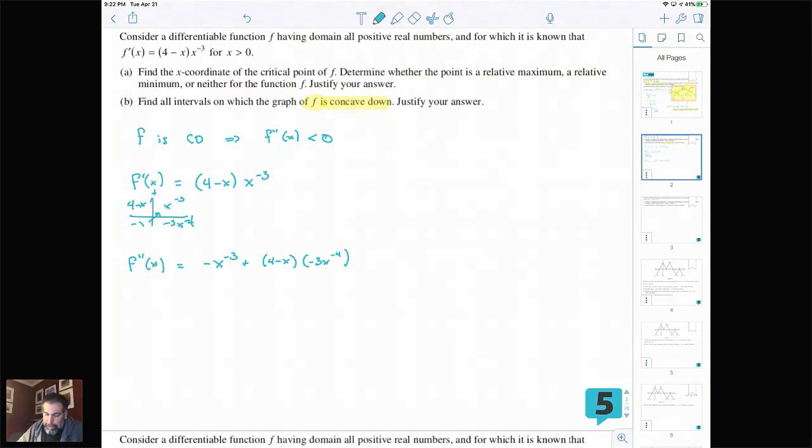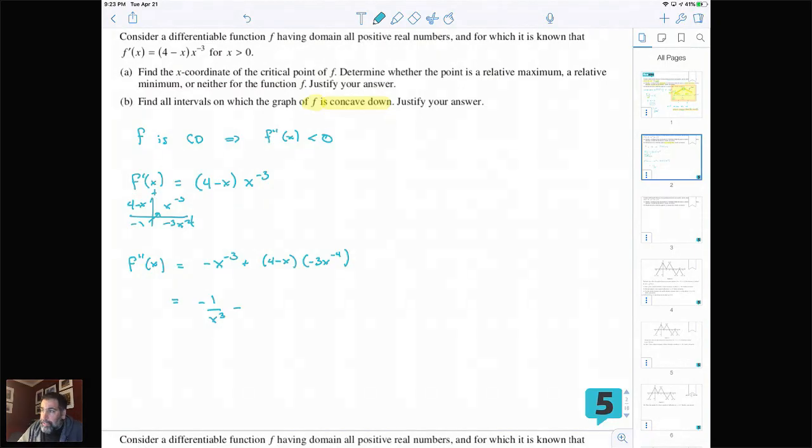From here, I just want to clean this up. I always like to have a neat second derivative if I'm going to be working with it. So I'm going to distribute and get rid of my negative exponent. I'm actually going to end up with 1 over x cubed, and then plus, but that plus is actually going to turn into a negative because of my 3 out there.